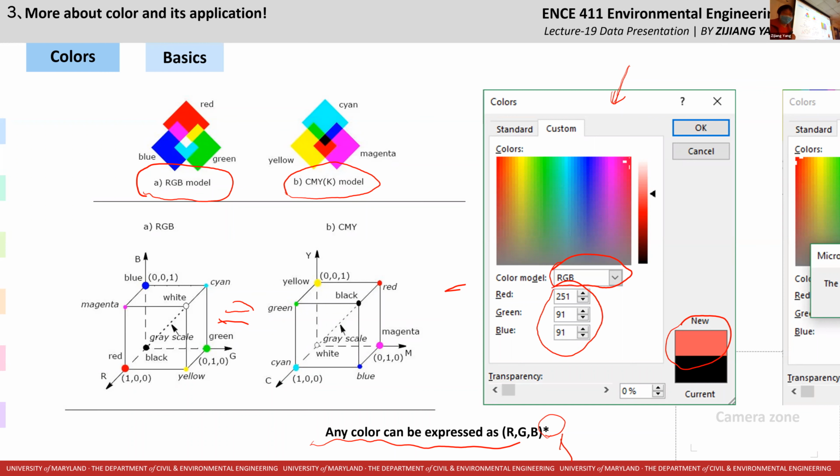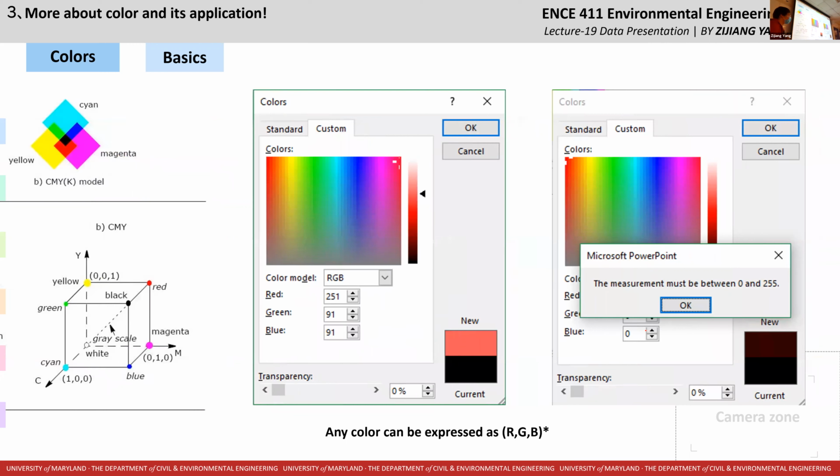On the other hand, we can use these values to describe the color. If we try different values, it tells us the measurement must be between 0 and 255.